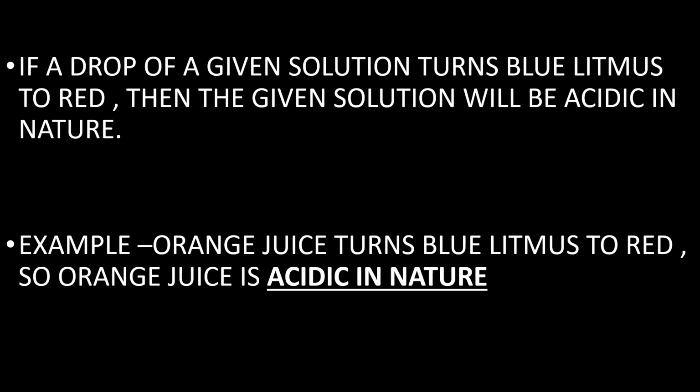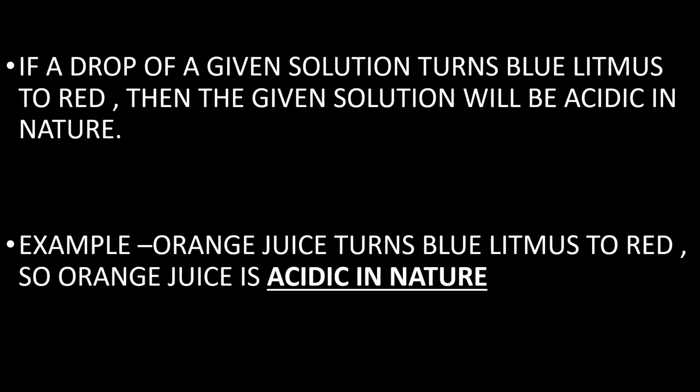If a drop of a given solution turns blue litmus to red, then the given solution will be acidic in nature. So this is the inference that we draw from this experiment done with the indicators. An example is orange juice, which turns blue litmus to red.